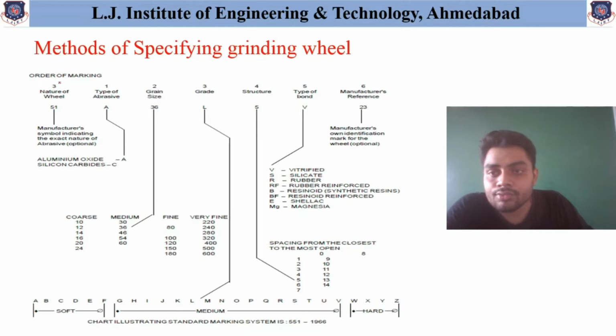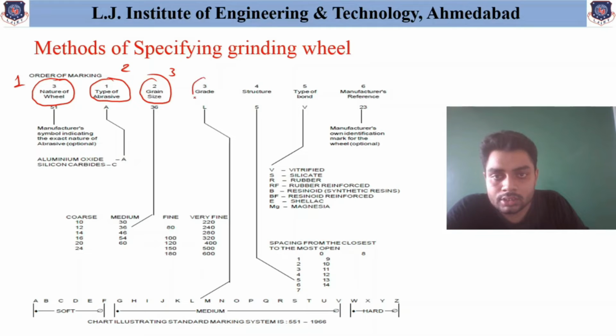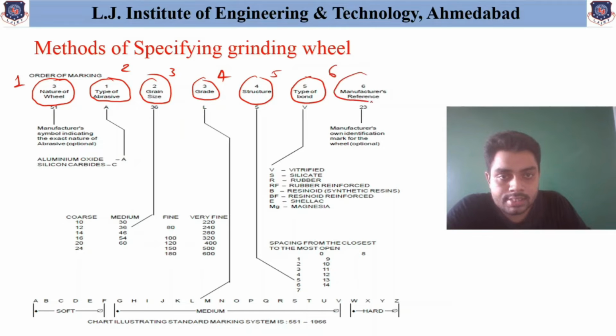Let us give numbers to these: this is 1, second, third, fourth, fifth, sixth, and last is seventh. So over here 7 places are given, and each may be an alphabet or a number, so there might be a variation in that.